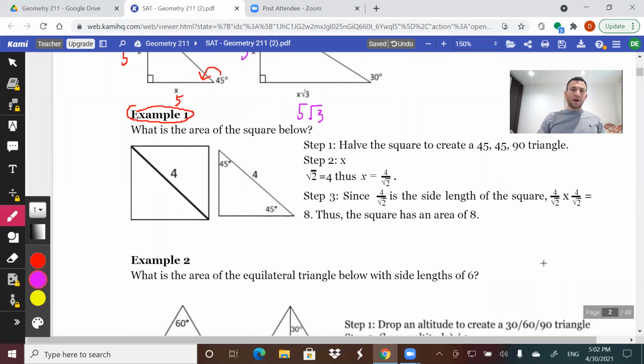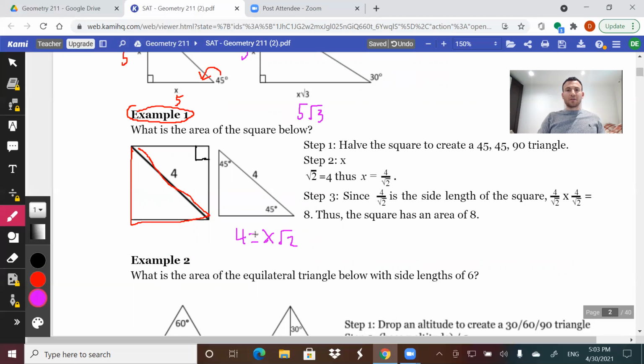Well, one is if you ever put a diagonal across a square, immediately that cuts the corners into 45-degree angles. So you get a 45-45-90 triangle. I guess we're seeing the bottom half of this square here. And in this triangle, if we know the hypotenuse to be 4, well, 4 is equivalent to x root 2.